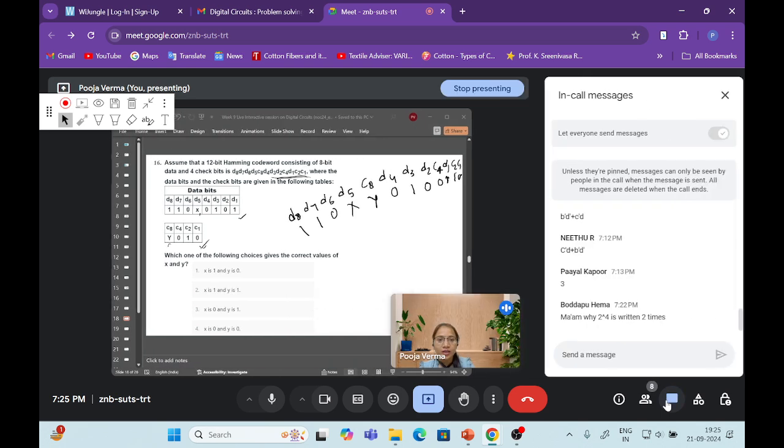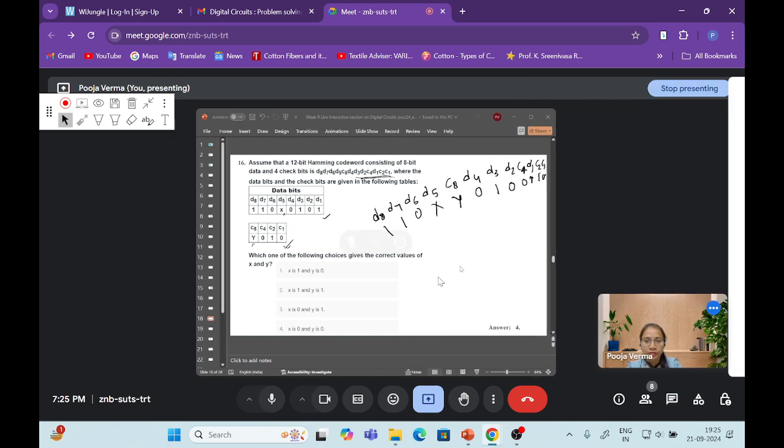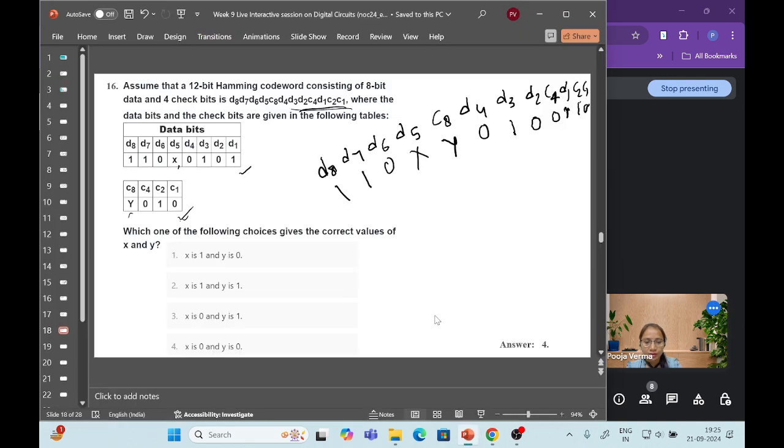How can we find it out? In the same way as before, we need to find C1, C2, C4 and C8. We already know that C1 is the XOR of certain positions. At which positions? Anyone of you answer this question?